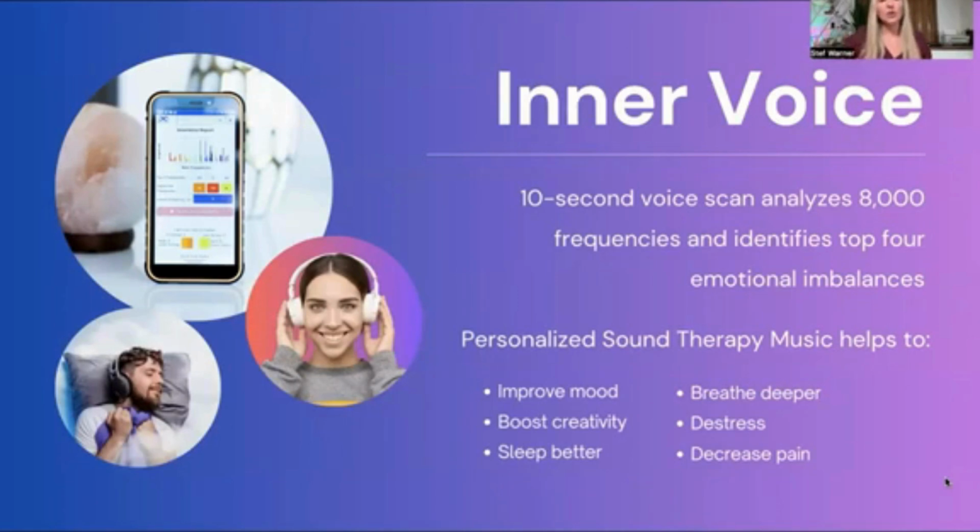So not only will this identify the emotions that are imbalanced, but it's also going to generate 4 customized music files that have the exact frequencies and tones to help guide your brain to a more balanced and harmonious state, getting you out of states of anger and sadness and things like that.